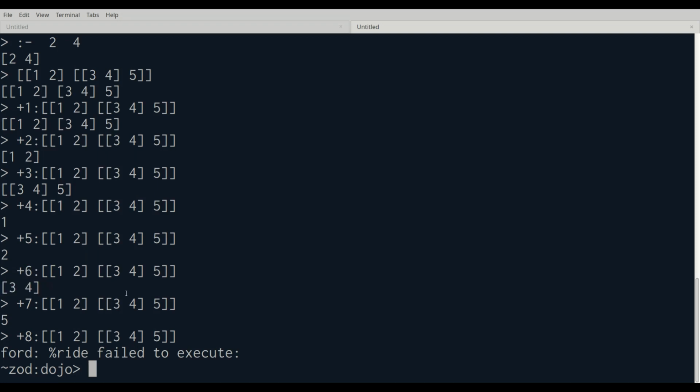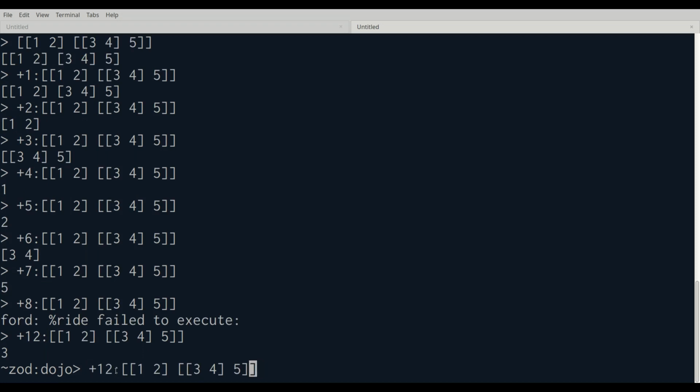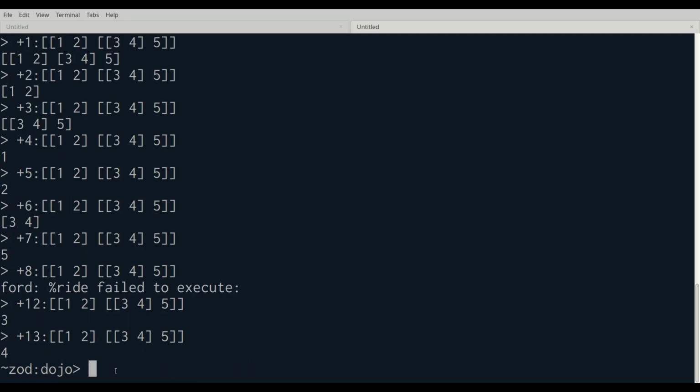So remember that the formula we said is for the head of a cell, whose value is n, it's 2n to get the head. So 2n, or 2 times 6, in this case, would be 12. Go ahead and do that. You can see that we get 3. And 2n plus 1 was the tail. So there we get our index.